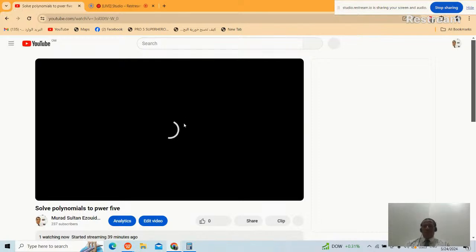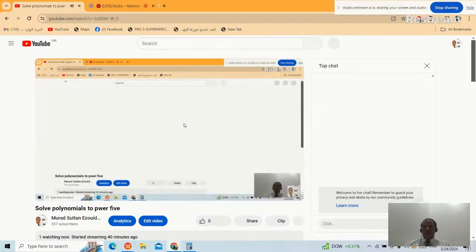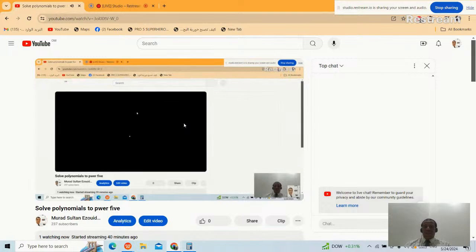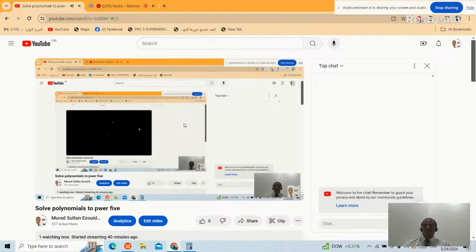Yes, that's it. We continue, of course, solving this kind of extended polynomial. It's not easy, in fact, and we hope all the learners can use this formula and find out, at the same time with Mr. Mourad Sultan Ezouidi, the Tunisian researcher and mathematics teacher, all the roots of this polynomial to the power 5.